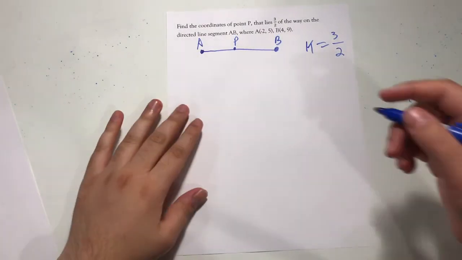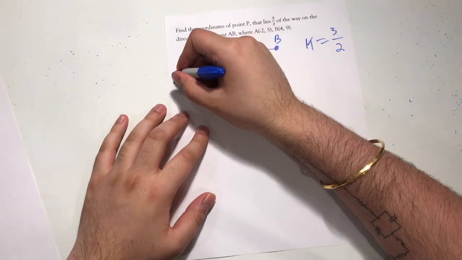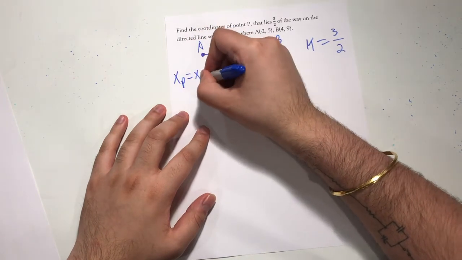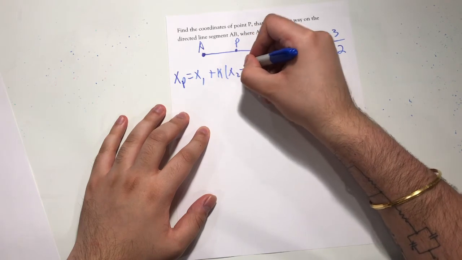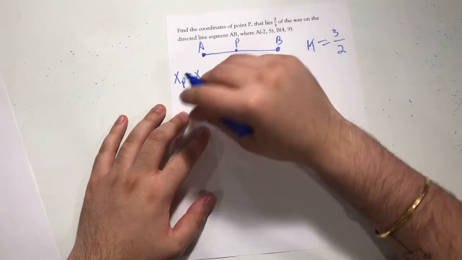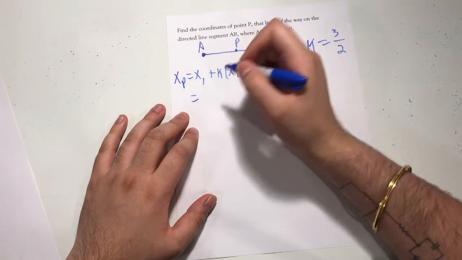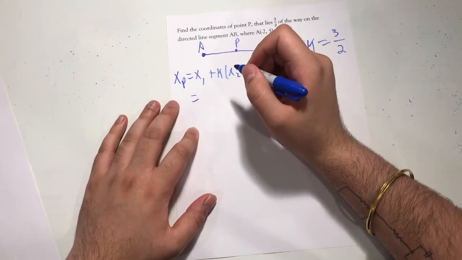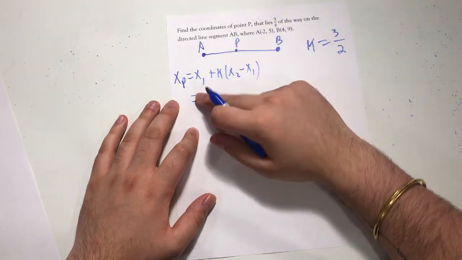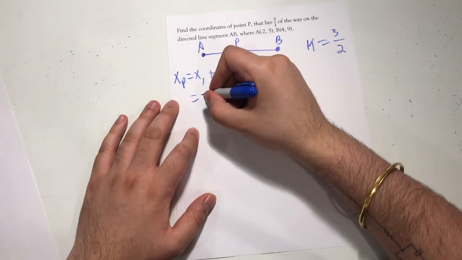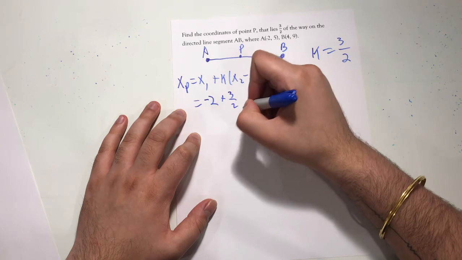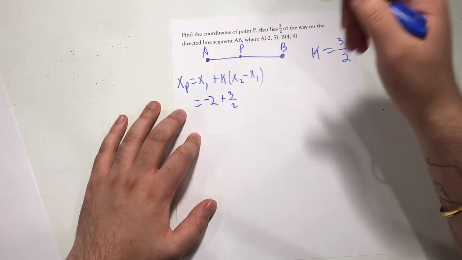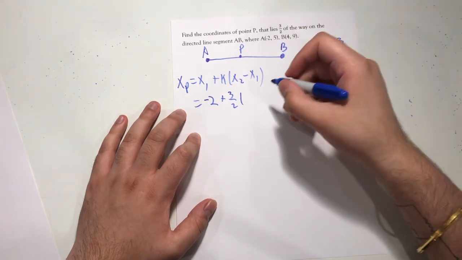So real quick, let's do it. x of the partition point is equal to x1 plus k times x2 minus x1, right? You should be doing this faster than me at this point. You don't even have to think about it, hopefully. So what is x1? That's negative 2. What is k? That's 3 over 2. And what is x2? That's 4.